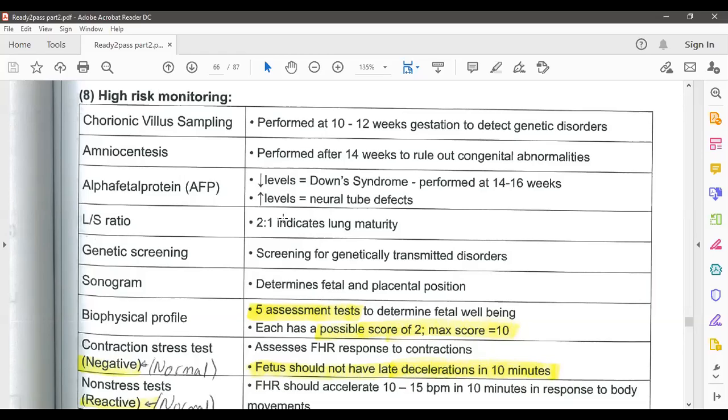What care do they basically need? Have the patient empty the bladder prior to the procedure for chorionic villus sampling or amniocentesis, because with amniocentesis, when you collect the fluid, at the same time you can check the alpha fetoprotein or lecithin surfactant ratio.